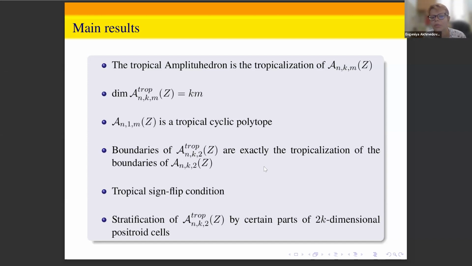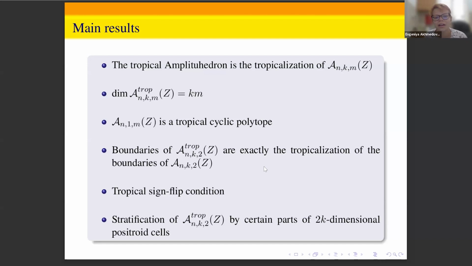But in addition, we get something which, as far as we know, doesn't have a mirror in the regular case, but looks very much like the sign flip condition, the tropical sign flip condition.